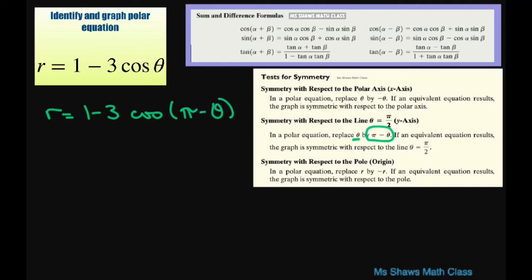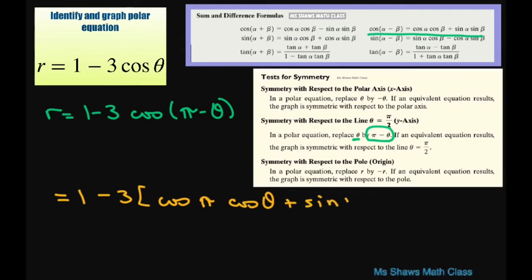We use our difference formula here to expand it and evaluate. So we're going to get this equals 1 minus 3 times cosine of pi times cosine of theta plus sine of pi times sine of theta.